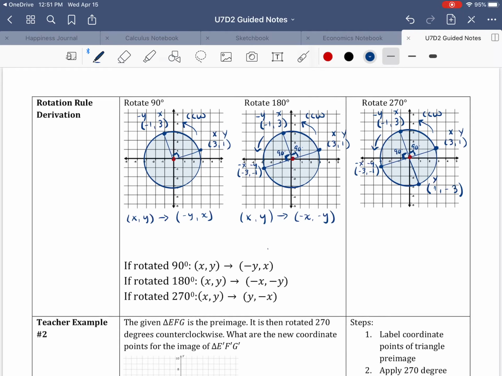So y is still 1, and then our 3 becomes a -3, so it becomes a -x. So now when we do a 270-degree rotation, our (x, y) becomes (y, -x). And those rules are again summarized right down here. So 90 degrees, 180, and 270.